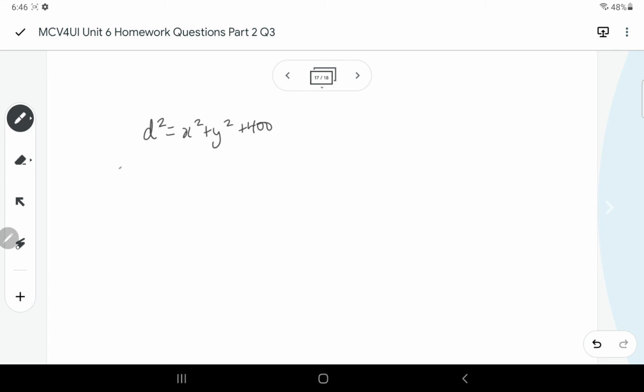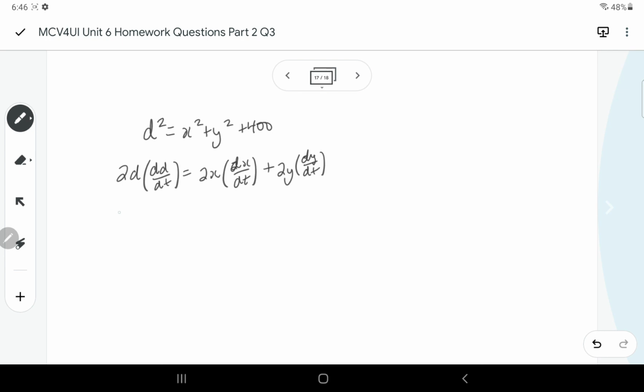So derivative of d squared is 2d times dd dt, which looks kind of weird, but it's okay. And derivative of x squared is 2x, but x is a function of time, so that's dx dt. And then derivative of y squared is 2y times dy dt. And derivative of 400 is just 0.